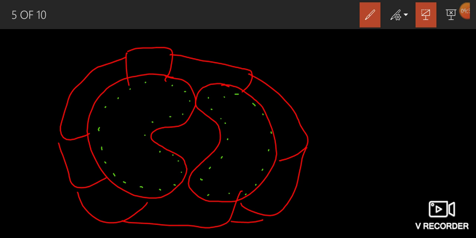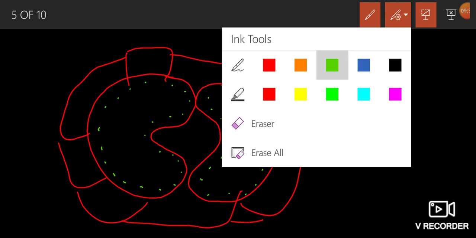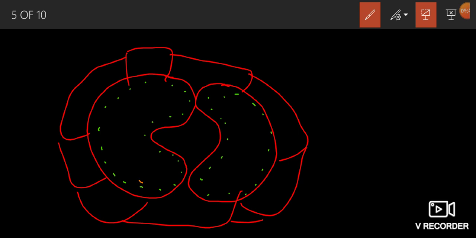As a result, starch is formed in guard cells. At the same time, in the presence of sunlight, this starch splits into malate and H plus protons.